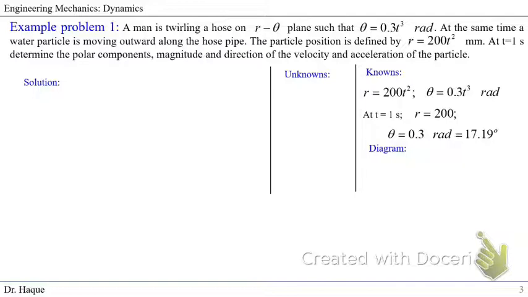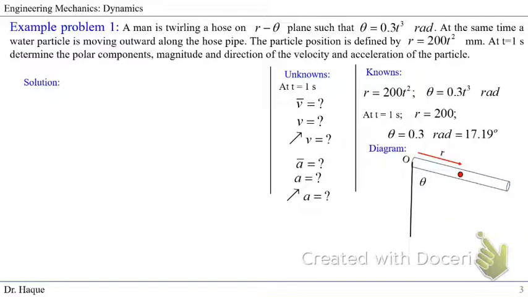We know 180 degrees equals pi radians, so you can convert it from there. So these are the knowns. What are the unknowns? The problem asks, at t equals 1 second, to find the cylindrical components of the velocity, its magnitude and direction, the angle. Same thing for the acceleration: its components, its magnitude, and its angle or direction.